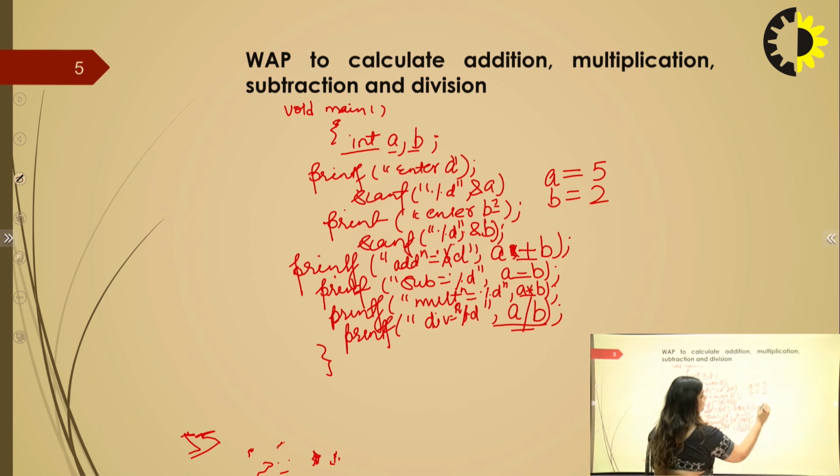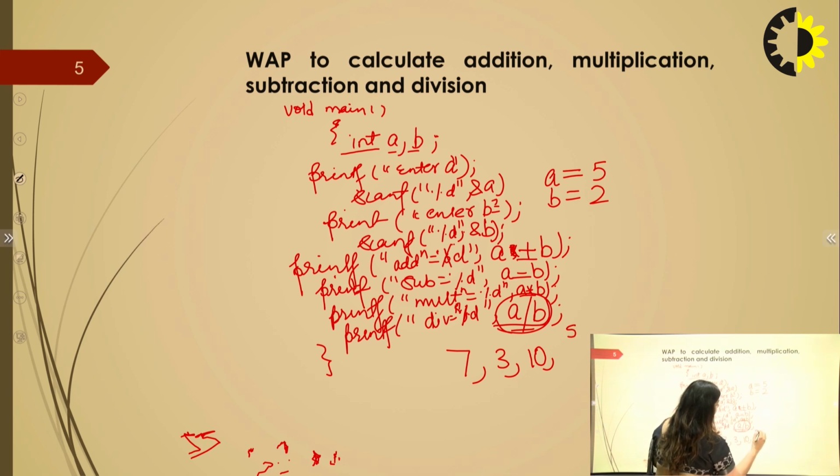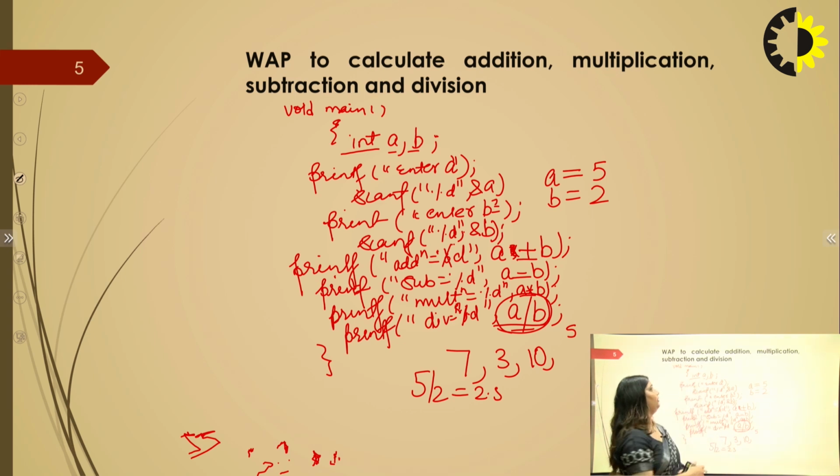The value of addition will be calculated as 7, then 5 minus 2 is 3, and a asterisk b is 10. For division, 5 upon 2 would give 2.5, but here I have taken %d, the format specifier of the integer, so it will not take the floating point value, it will truncate this and the output will be 2.